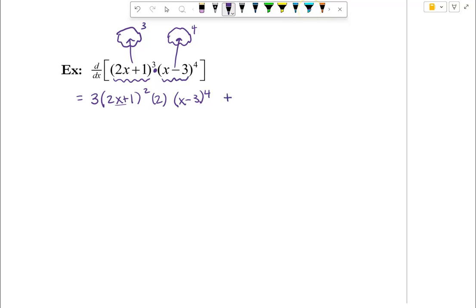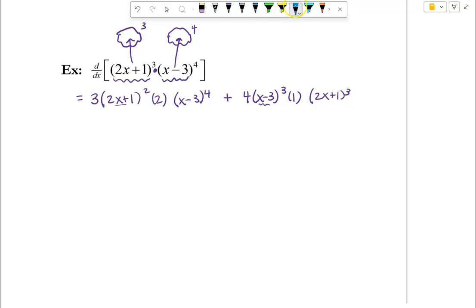Then we're going to add to that the derivative of our second factor. So the 4 pops out. That becomes x minus 3 to the third power. And again, being mindful of the chain rule, when I multiply by the derivative of x minus 3, I do just get a 1 there. And then again, we're going to multiply this with our original factor of 2x plus 1 cubed.